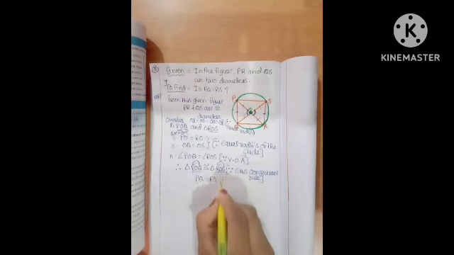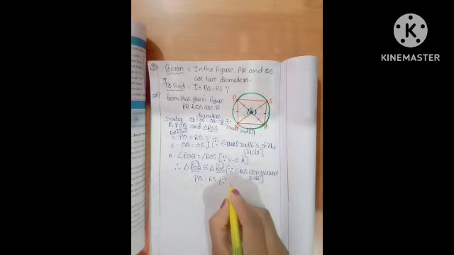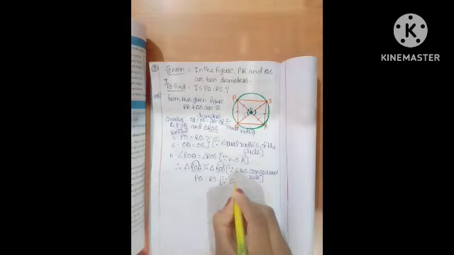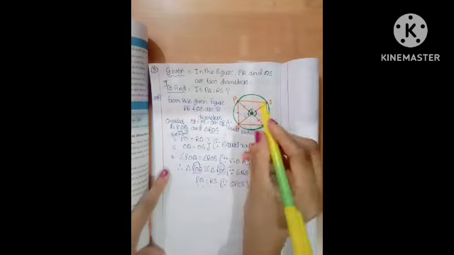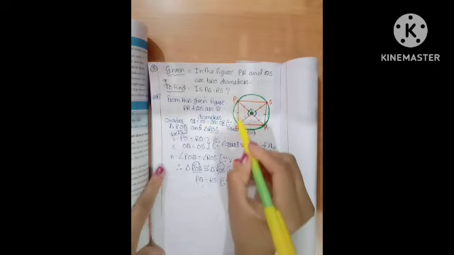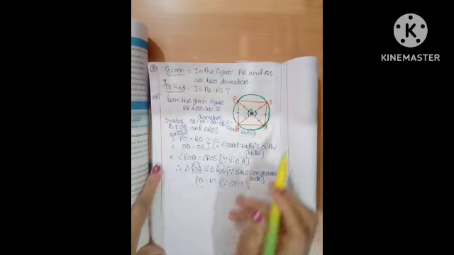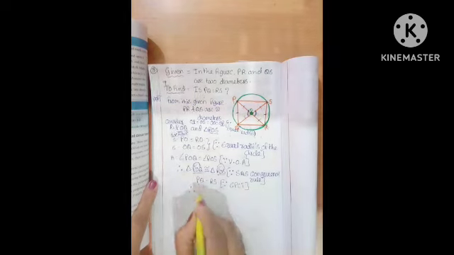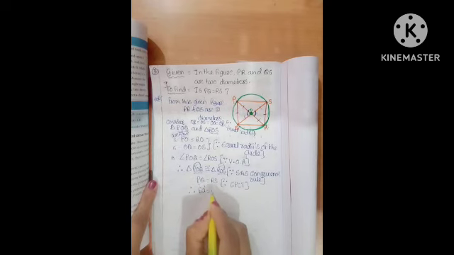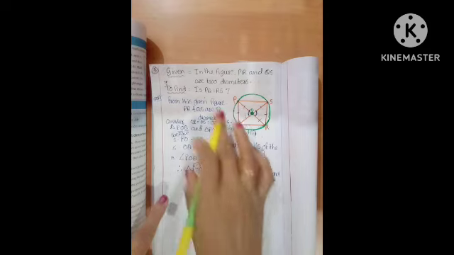Why is it equal? Since corresponding parts of congruent triangles are equal, by CPCT. So PQ equals RS. Hence it is proved.